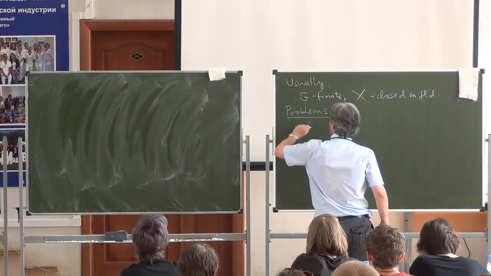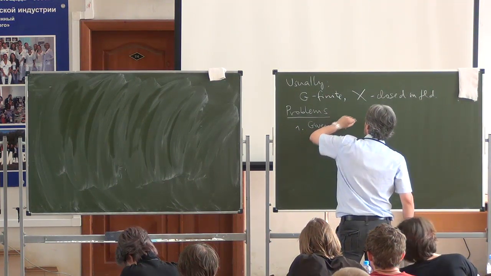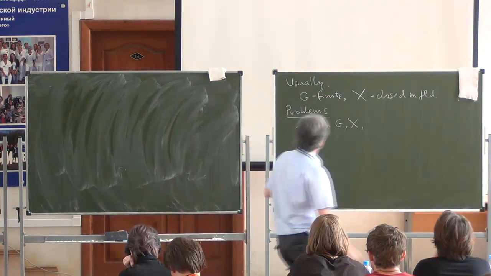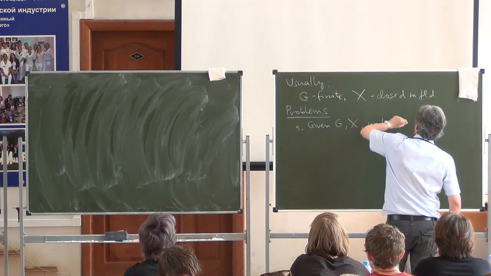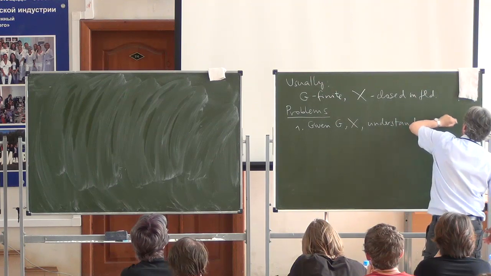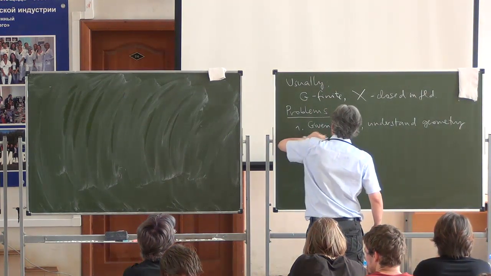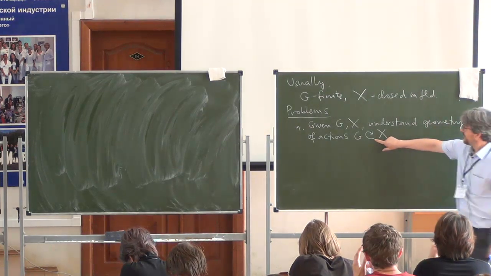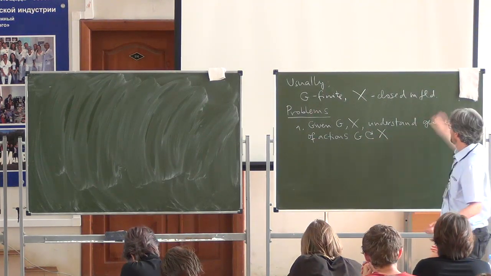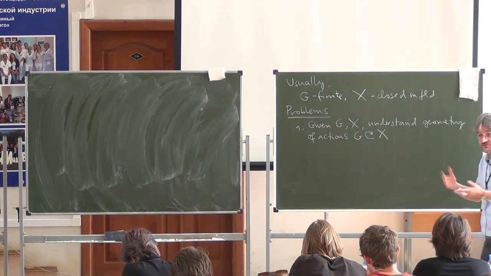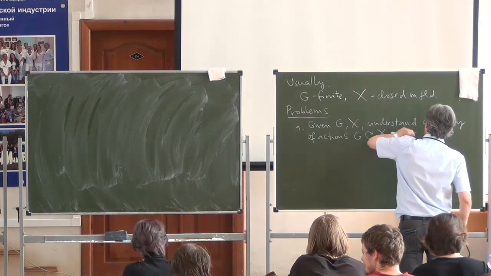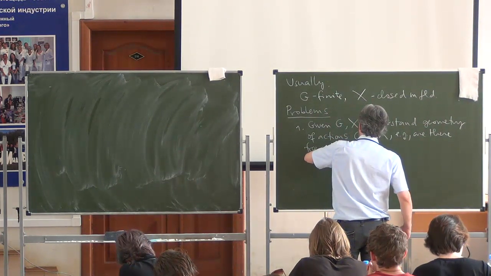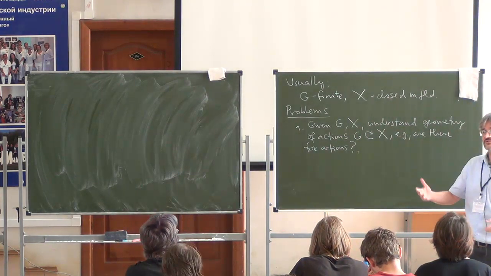Given G and X, we would like to understand the geometry of all possible actions of G on X. This is a very common symbol to denote that G is acting on X. For example, we would like to understand whether there exist free actions, or do all actions have necessarily fixed points?